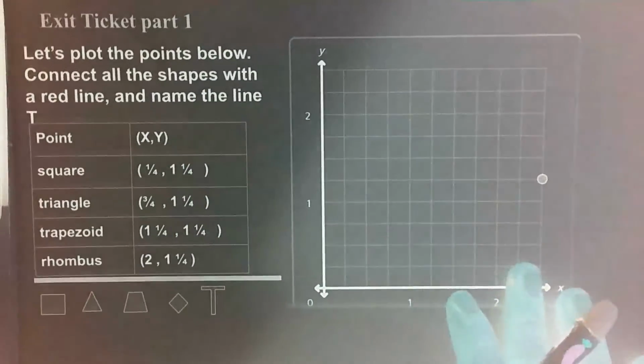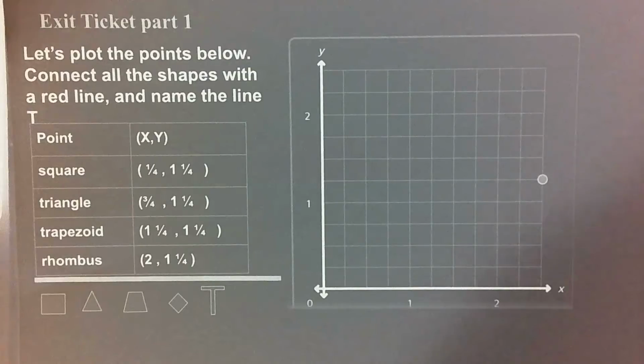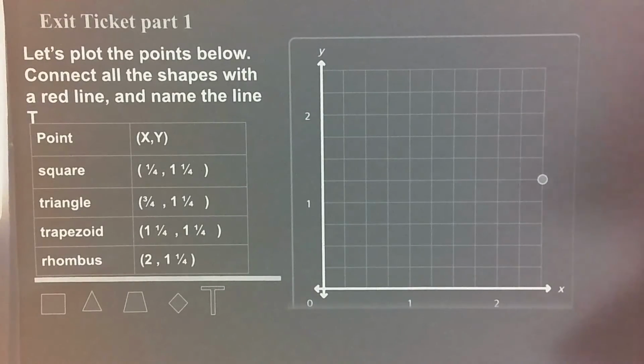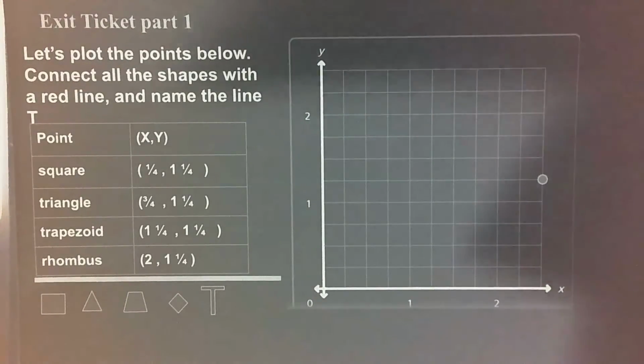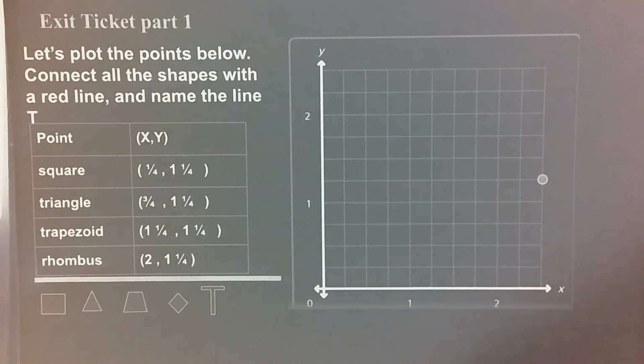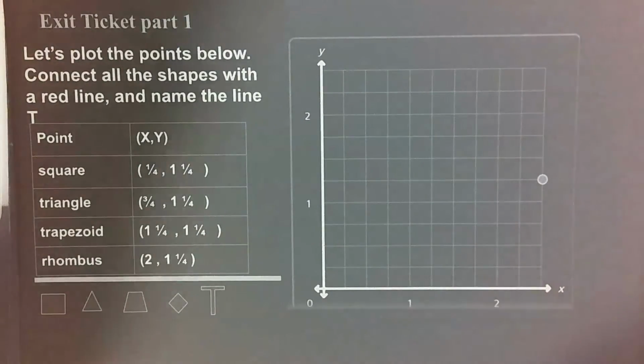The exit ticket today is very similar to yesterday's exit ticket. You're going to plot 4 different points in order to create a line and then answer some questions about that line and its relationship to the y and x axis. Only difference being today's coordinate points are fractions instead of whole numbers. So let's plot the first point, the square, together.